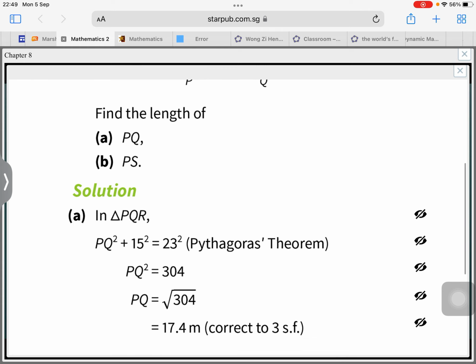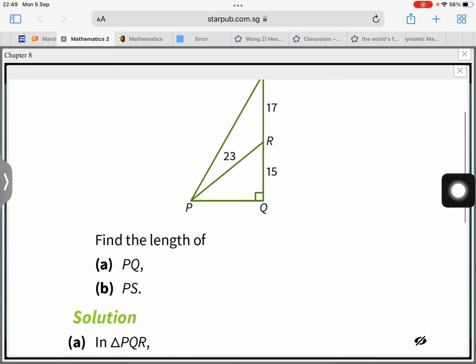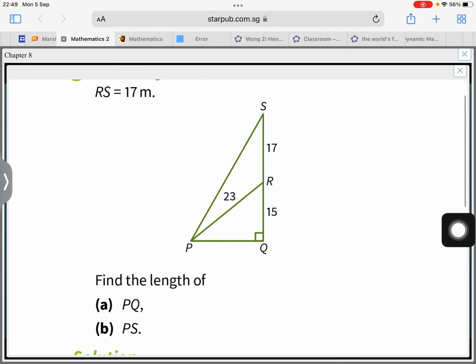Now that you have found PQ, you can find PS, which is the hypotenuse of PQS. Now you know PQ, you know QS, so you can use it to find PS. Same as the previous question, instead of using the rounded off value of 17.4, you should take the square root of 304. So PQ square plus QS square should give you PS square.